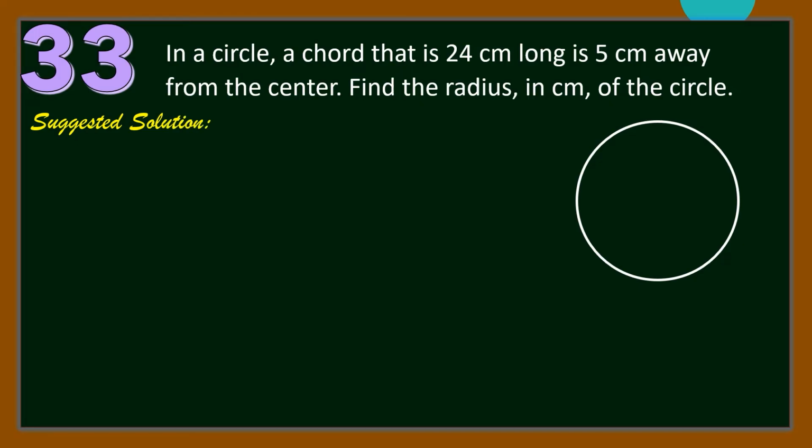Though not drawn to scale, let us have a chord on the circle that is 24 centimeters long. And according to the problem, this is 5 centimeters away from the center. Then the perpendicular distance of the chord from the center is 5 centimeters.